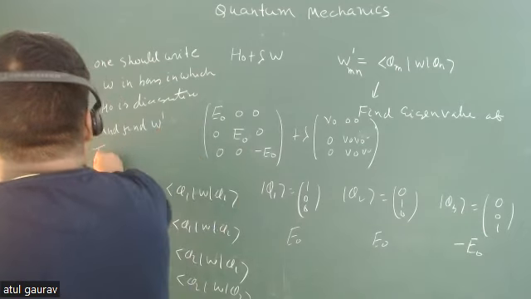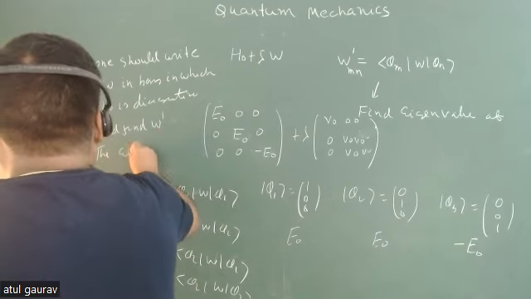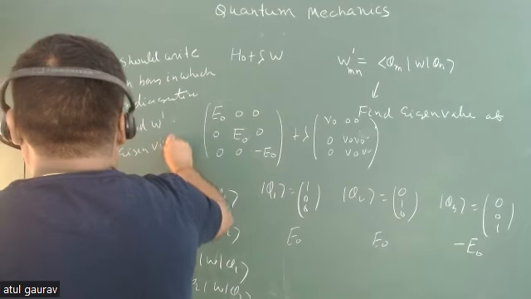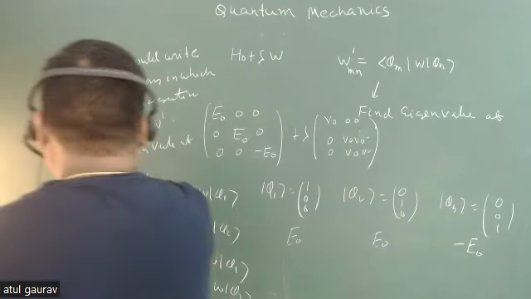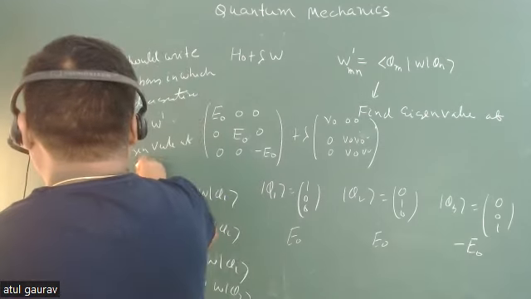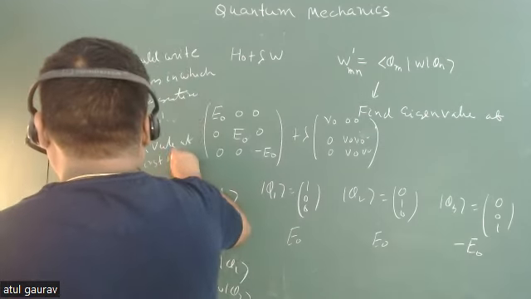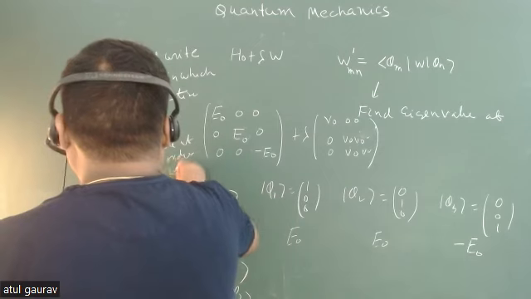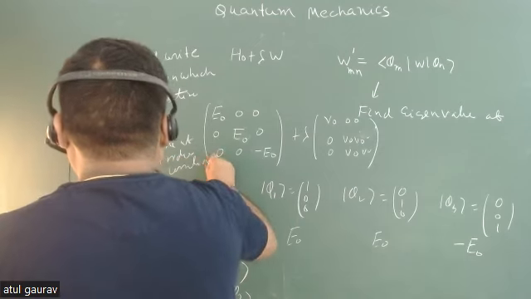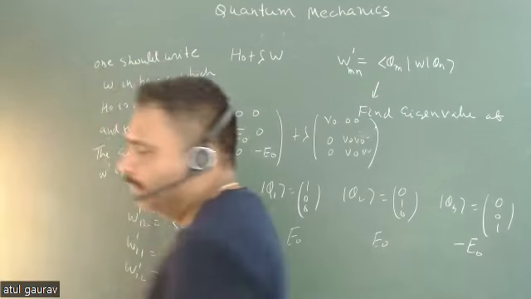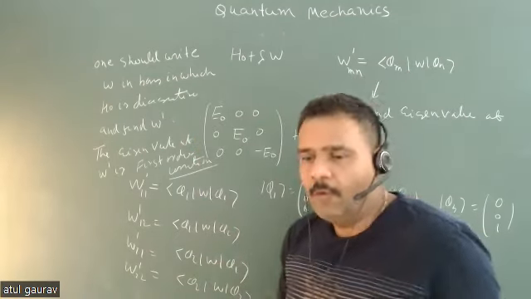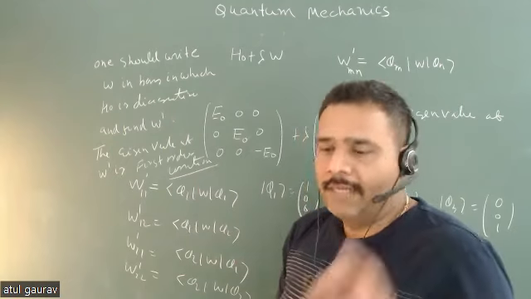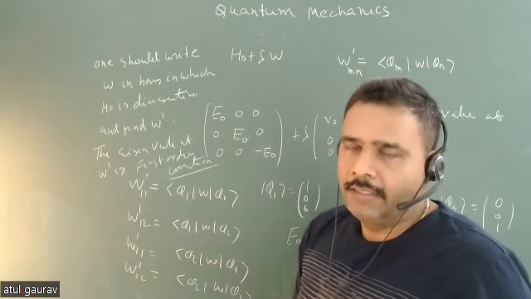The eigenvalue of W dash is the first order correction. So the eigenvalue will be what? The first order correction.